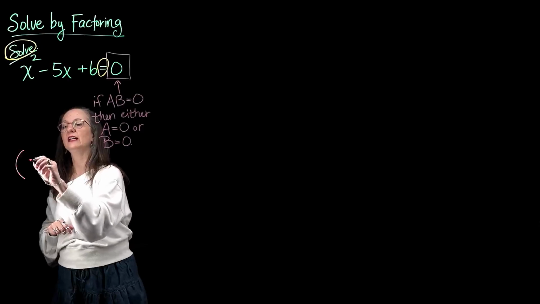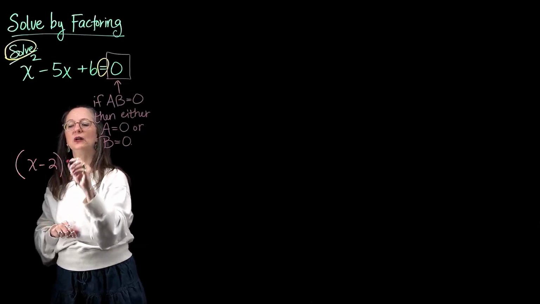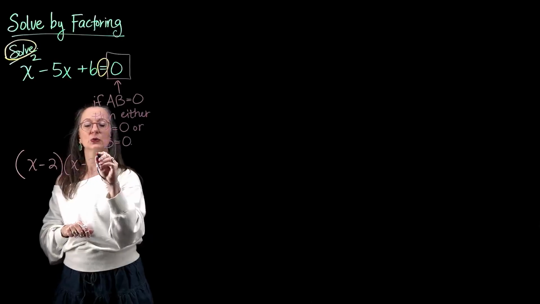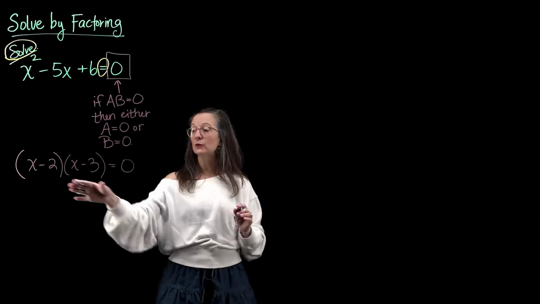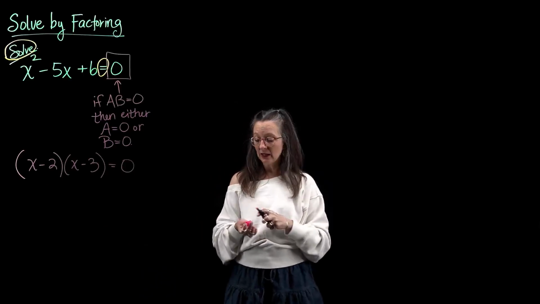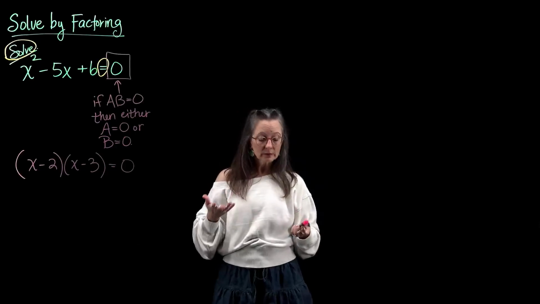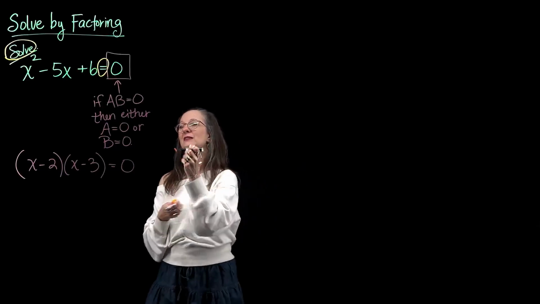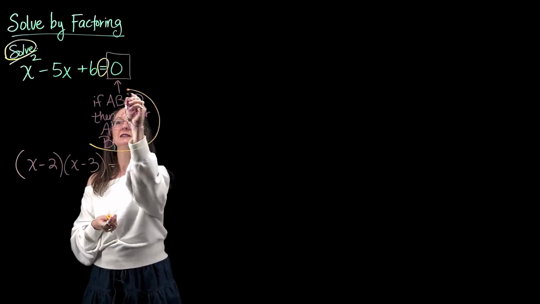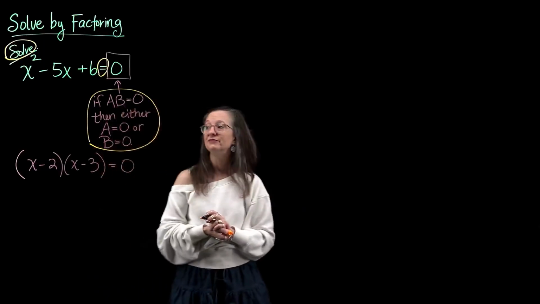So I can factor this. I'm going to factor it as x minus 2 times x minus 3, and it is still equal to 0. All I did was factor that left-hand side, so I rewrote it as multiplication so that I can use this rule right here to solve it.